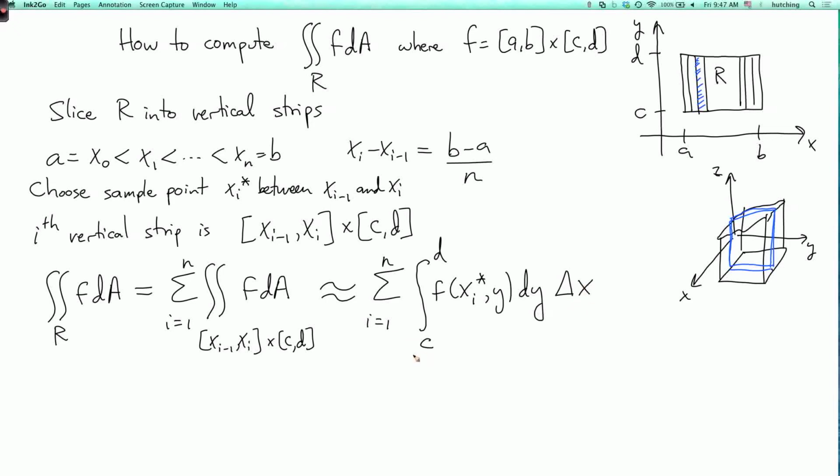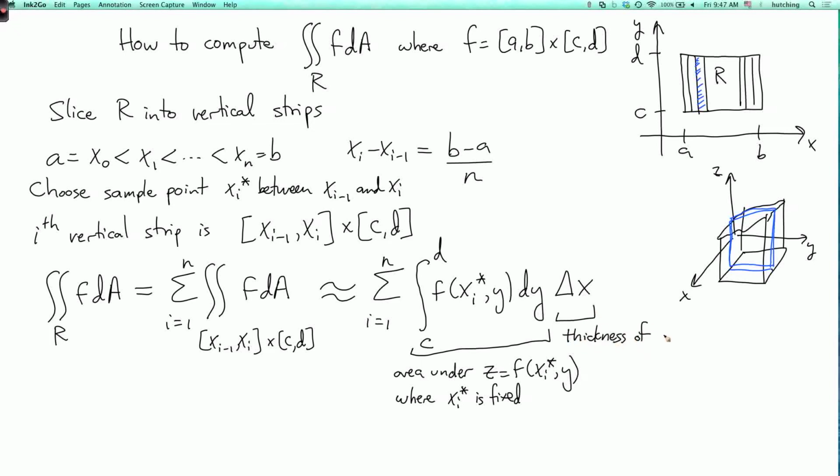So this is the area under the curve z equals f of xi star comma y in the yz plane, where xi star is fixed. So it's the area of our two-dimensional slice, and then this is the thickness of our slice. Okay? Now that's just an approximation.